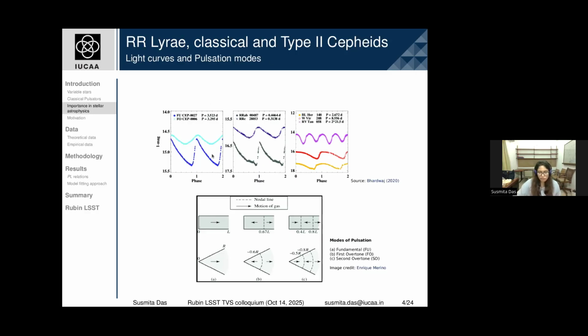Also, because of the mode of pulsation, if the mode is different, the light curve shape will be different. For example, fundamental mode classical pulsators have a typical sawtooth light curve structure, whereas first overtone pulsators have more of a sinusoidal light curve structure.